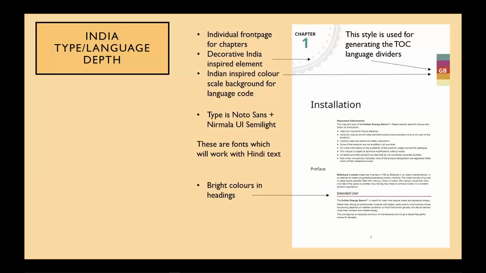So the design is a little different, but also a little bit over the top with design elements. I have put in this Indian-inspired wheel design here in the top, with nice curves and colors, and also the language code has been set on a background of the Indian color scheme.